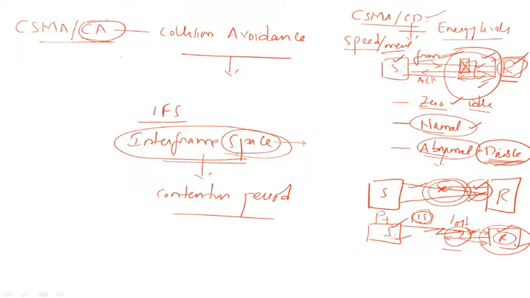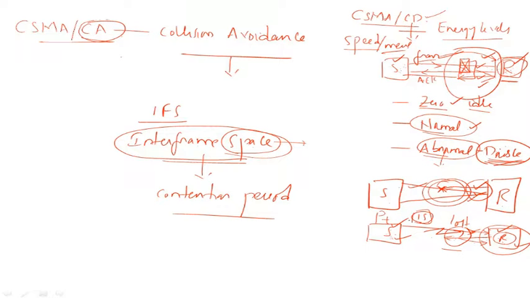Within that period no frame will be sent from the receiver station, because the receiver already received the IFS from the source station. So the receiver has to wait this amount of time, and during that time it does not send any frame.